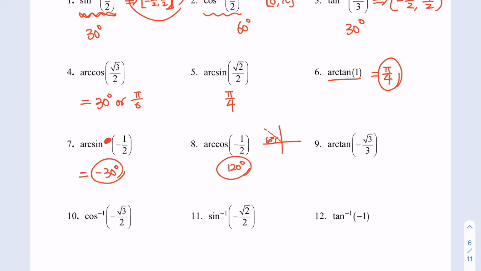So first, we don't have to worry about this negative. This negative only gives us which quadrant it is. Tangent of what gives you negative? So negative 90 to 90, this angle has to be here in the fourth quadrant. So tangent of what gives you square root of 3 over 3? This reference angle should be 30 degrees. So our final answer, negative 30.